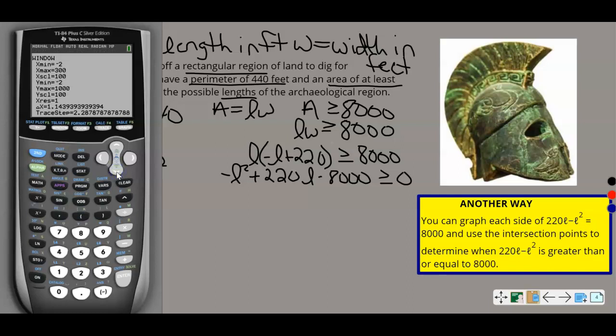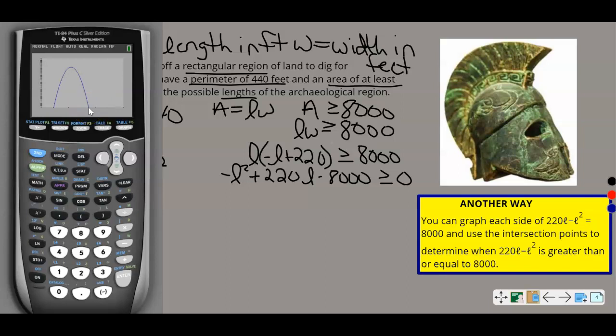And our y maximum, we didn't see the top of our parabola, so let's go on up to 5,000 and see what happens. All right, so it does make our parabola look a little better. We also can see our maximum value here, and our 2 x-intercepts are also listed on here. So this is exactly what we need to see.